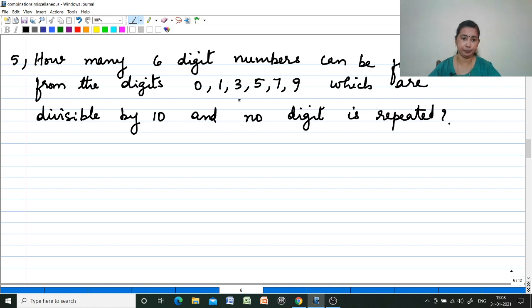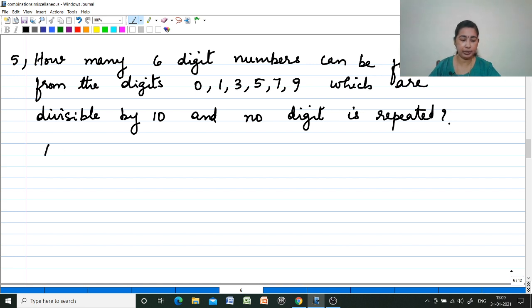So we can understand that the unit place should be 0, then only it will be divisible by 10, and no digit is repeated. So 0 is fixed in the last position.